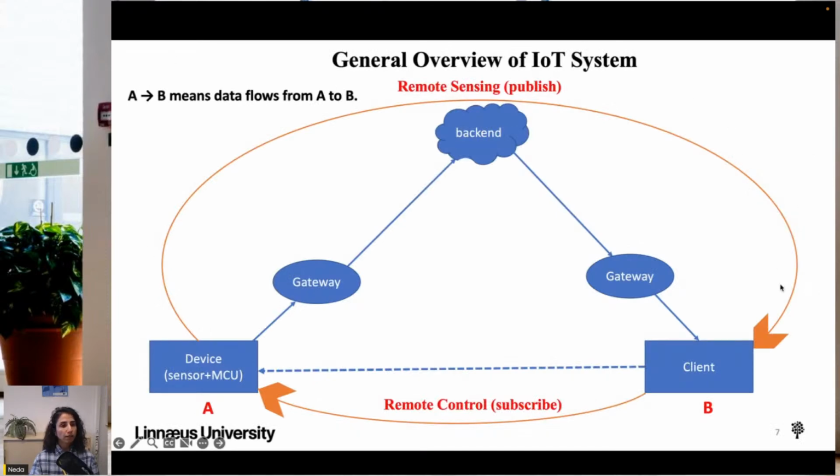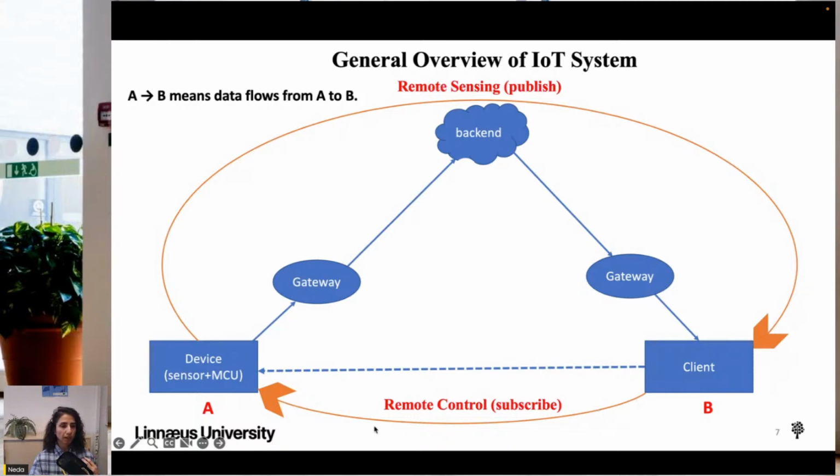So we had this overview of the IoT system, where our device, in this case the Pico, sends the data, and we have a Wi-Fi gateway that connects our Pico to the backend, and the data will end up here in Adafruit. That is called remote sensing.